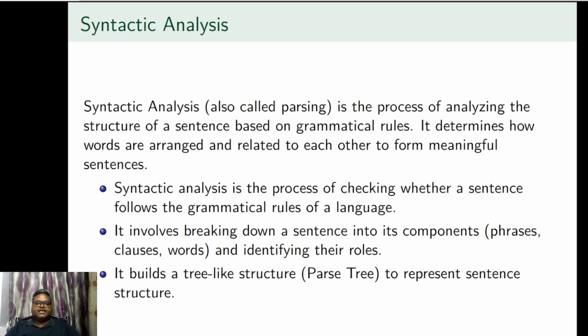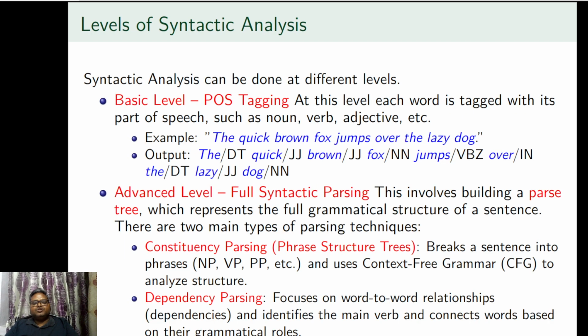So syntactic analysis or parsing is analyzing whether a given sentence is valid according to the given grammar. So the input is the grammar and the sentence, output is the parse tree, and we will say whether this is following the grammar or not. We can do the syntax analysis at the basic level or advanced level. At the basic level, we can just have POS tagging, parts of speech tagging.